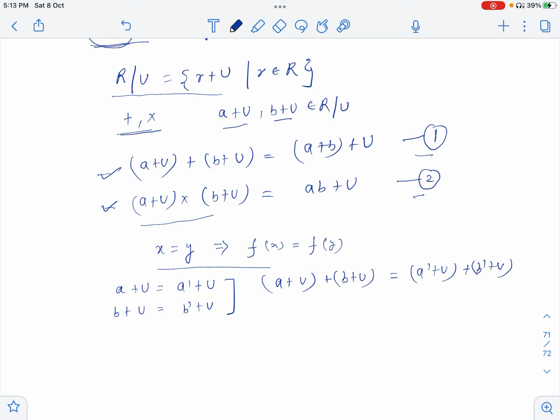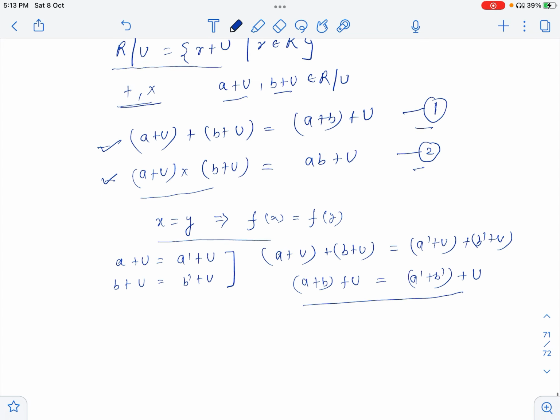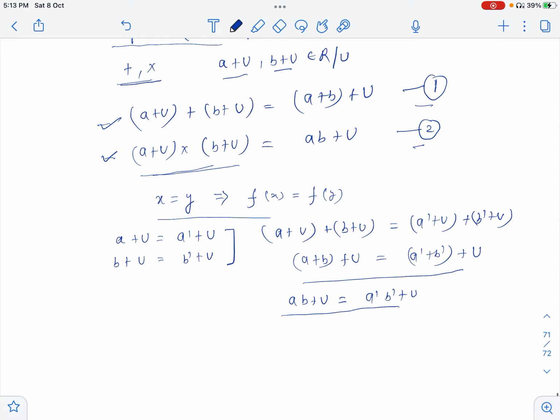That is, a plus b plus U is equal to a dash plus b dash plus U. This we need to prove. Also for the second composition, we need to prove that ab plus U is equal to a dash b dash plus U. Let us prove these two.